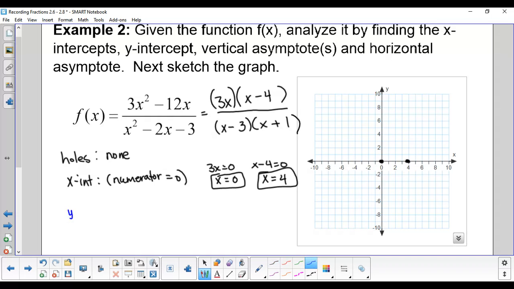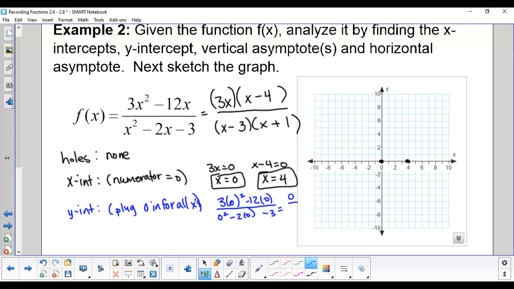Next, I'm going to find my y-intercept. This is just my system that I like to use. It helps me organize and not forget anything. To find the y-intercept, you plug 0 in for all x's. So if I plug in 0 for all my x's, on the top I would have 3 times 0 squared minus 12 times 0, divided by 0 squared minus 2 times 0 minus 3.